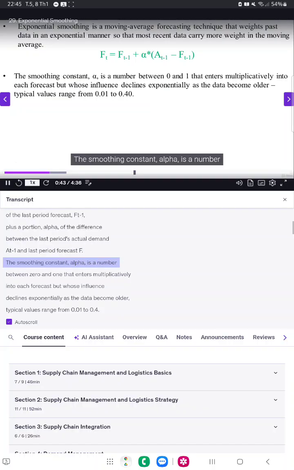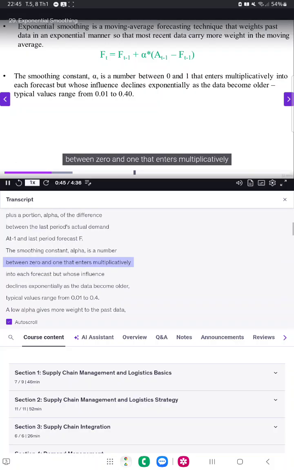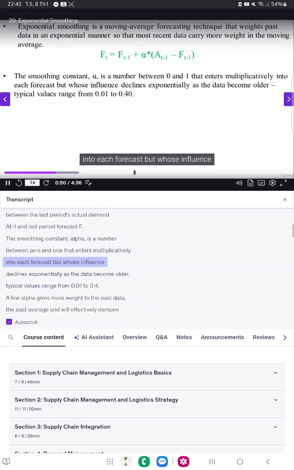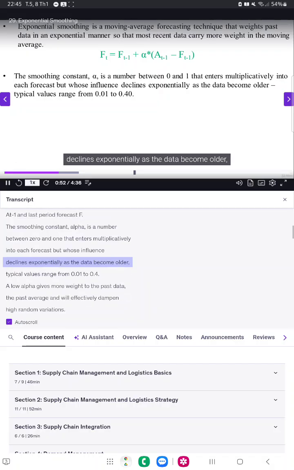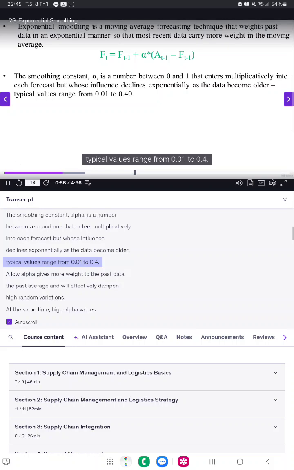The smoothing constant alpha is a number between 0 and 1 that enters multiplicatively into each forecast, but whose influence declines exponentially as the data become older. Typical values range from 0.01 to 0.4.